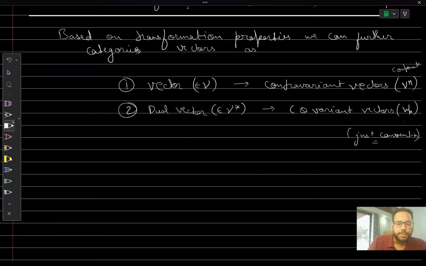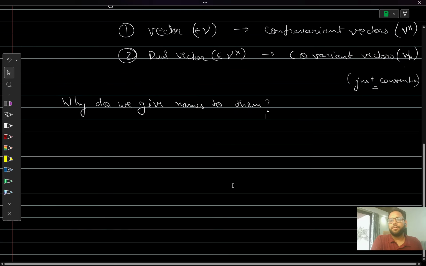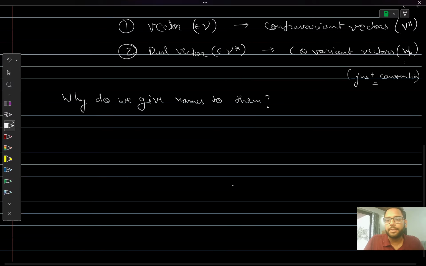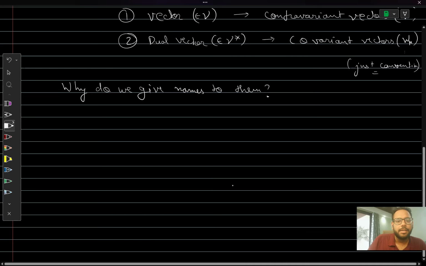But why do we give such names to them, as contravariant vectors and dual vectors as covariant vectors? I have taught this in the previous class with an example, but let's do it algebraically.